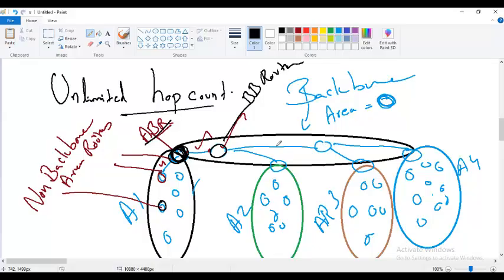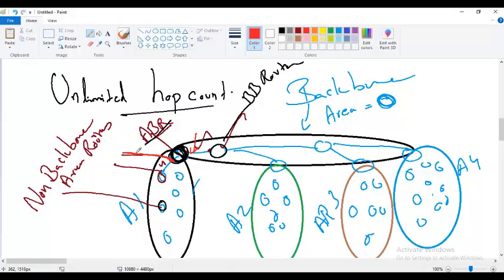So you have to mention which link is in which area. That's why you need the area ID. Area ID is a number again. You have 32 bits for the area ID. How many bits for the area ID? 32 bits. This can all be an interview question.